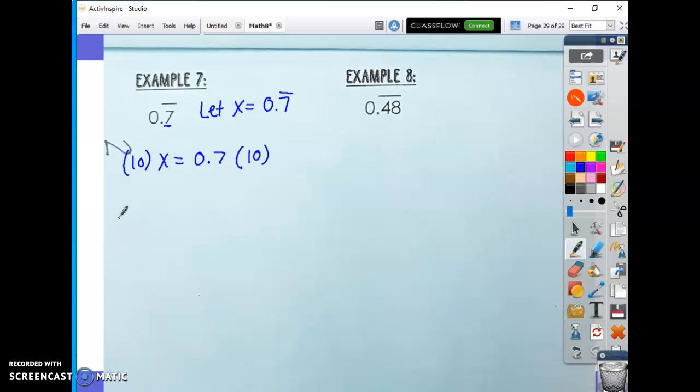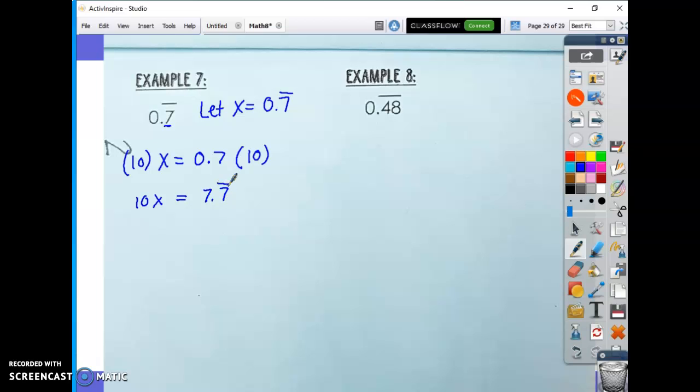So multiply x by 10 and multiply 0.7 by 10, because remember, whenever you do one thing to one side, you must do the exact same thing to the other side. When you multiply this out, you end up with 10x is equal to 7.7, where 7 is repeating.